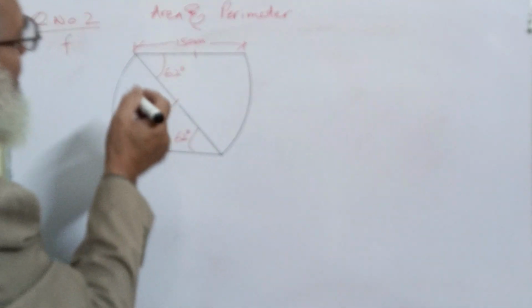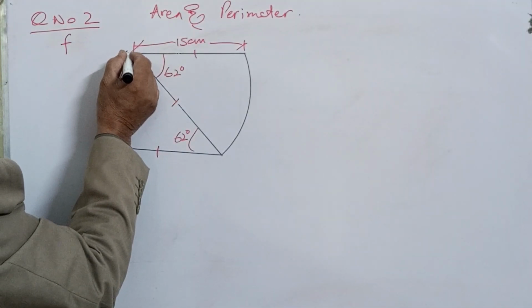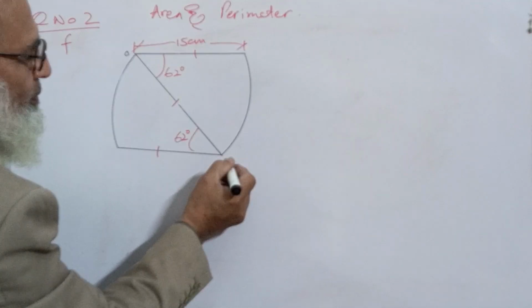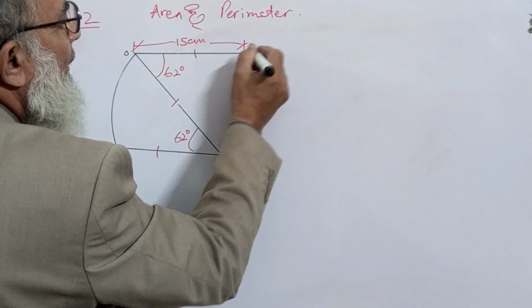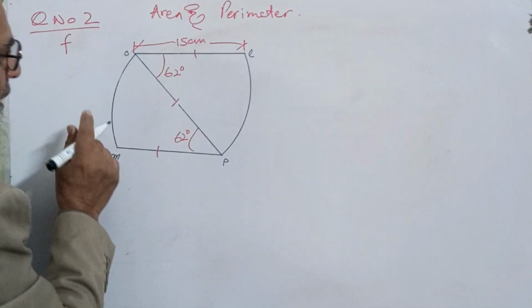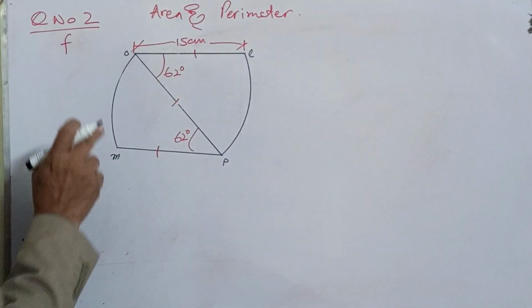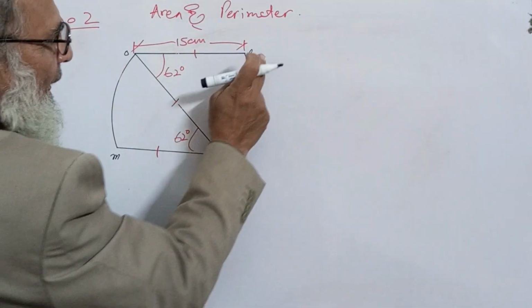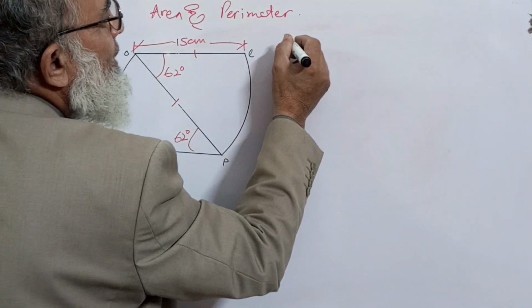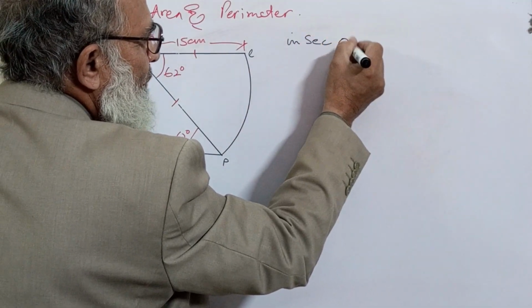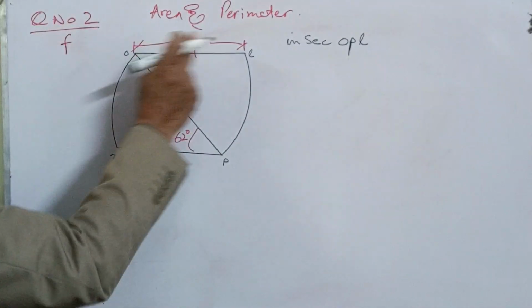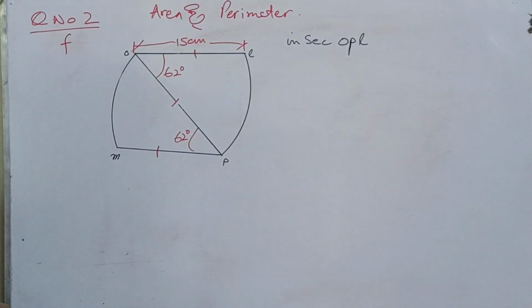Suppose some points are given here, O and P, and this is L and this is M. Now I am going to take the sector OPL. This is a sector OPL.